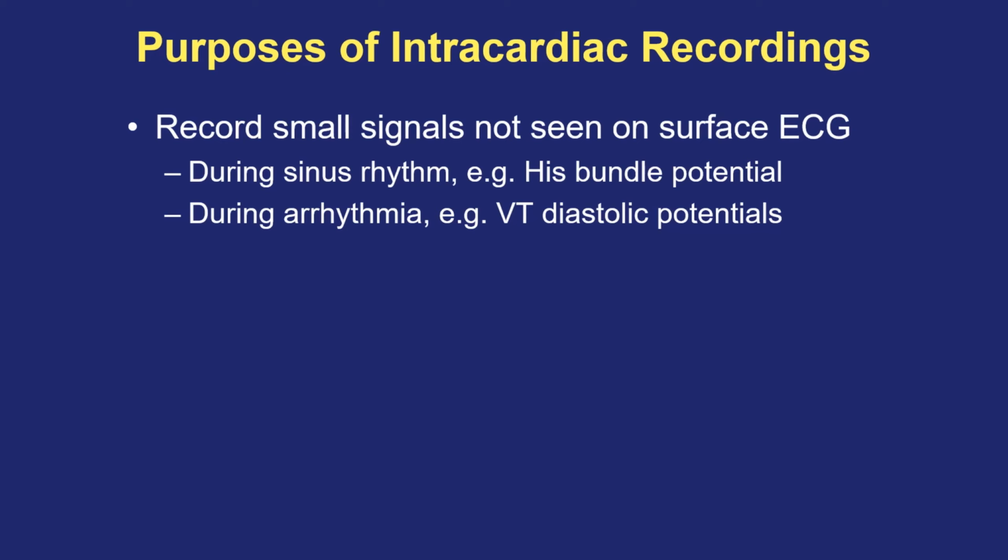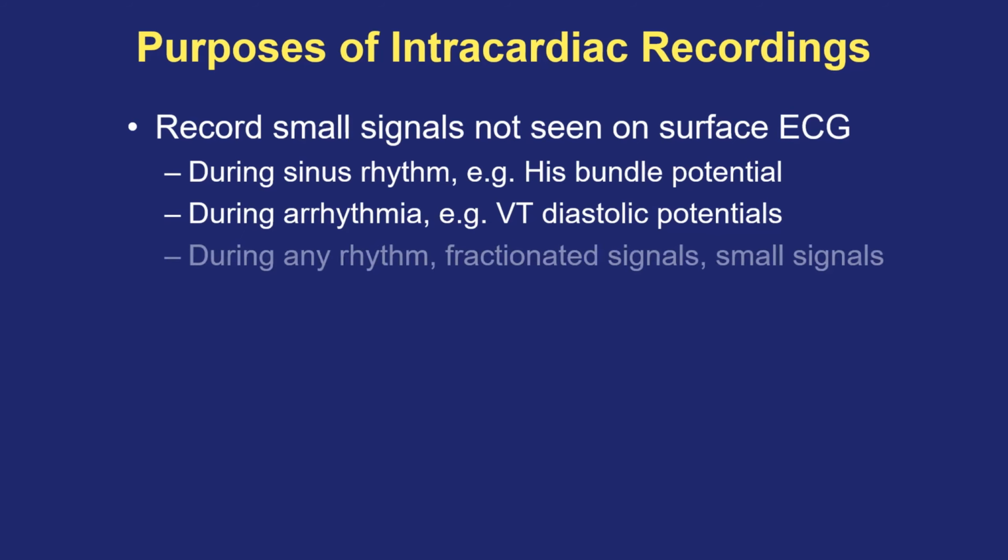And it's only when you put a catheter inside the heart in an area of myocardial scar where there are small slips of live but sick myocardial tissue being activated slowly between the QRS complexes that we can finally record them to see what is their location and to direct catheter ablation.